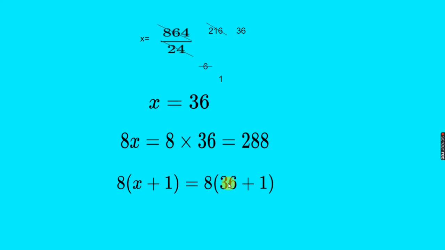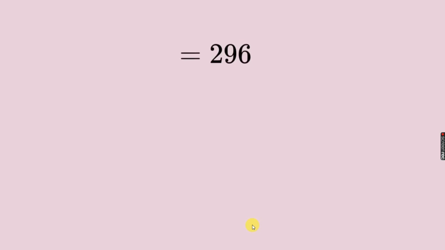We substituted the value of x here. 36 plus 1 is equal to 37. So 8 multiplied by 37, we got 296. This is the second one.